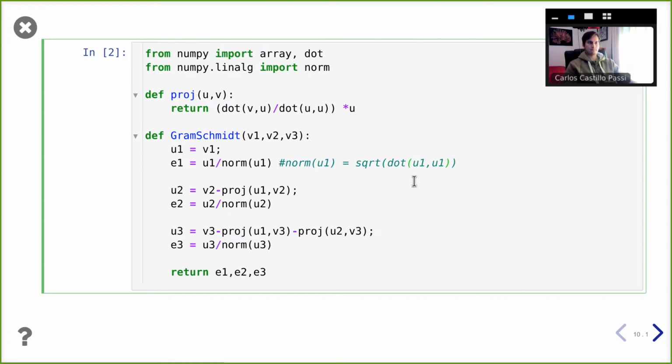Then for the second vector, you have v2, remove the projection, and then divide by the norm. And the same here. v3, you remove the projection of v3 with respect to u1 and u2, and then you divide by the norm.